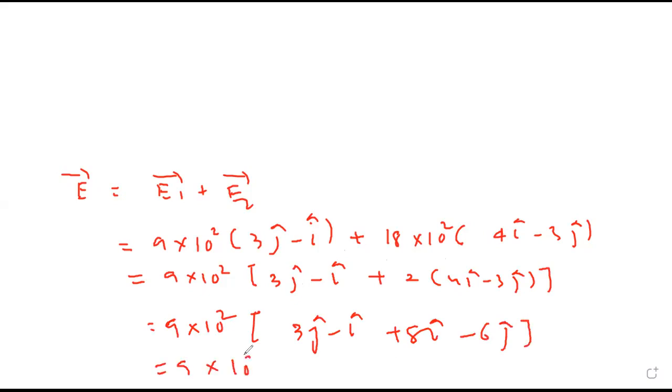That is 9 into 10 raised to 2, 7i minus 3j cap. Check for this option. 7i minus 3j cap is given. When we multiply 9 inside, we get 63 i cap and minus 27. That means option A.